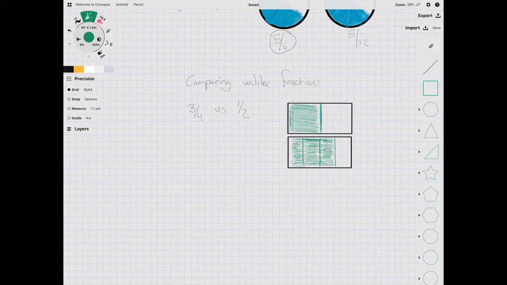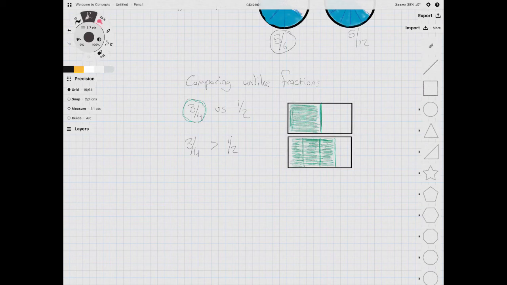Well, we can see that 3/4 is going to be bigger because it's a whole quarter more than a half. All right, so 3/4 is greater than 1/2.